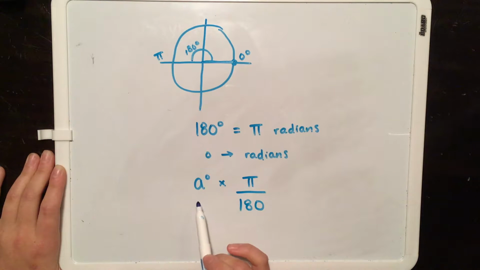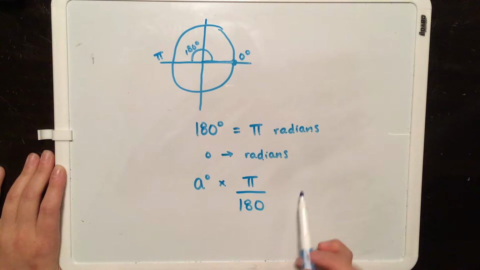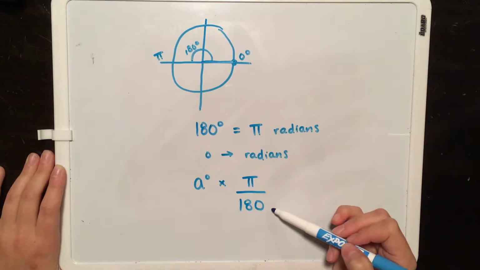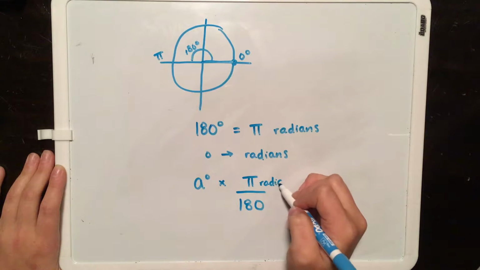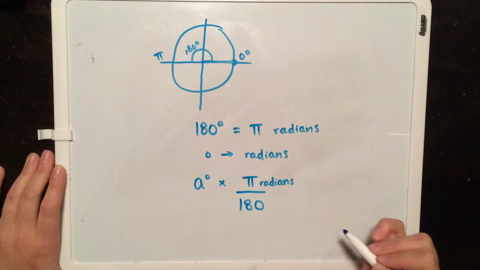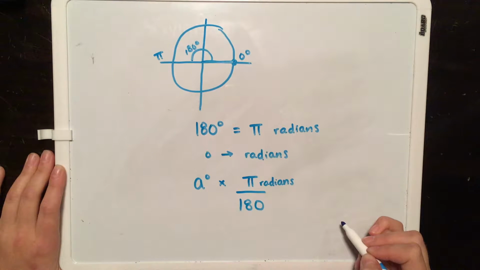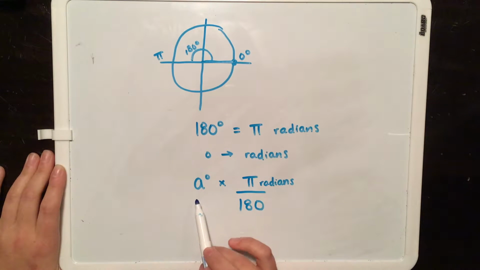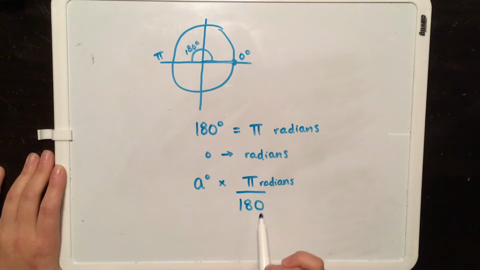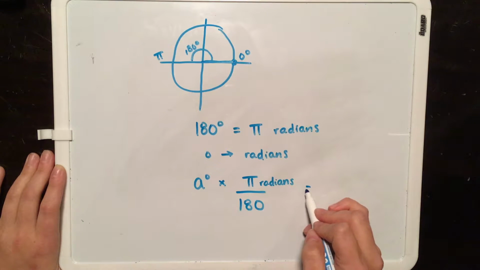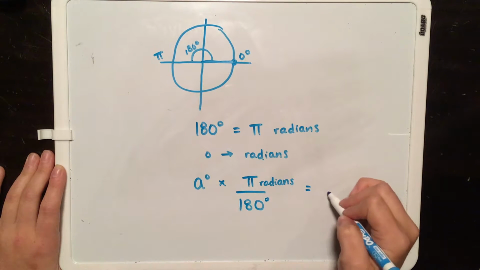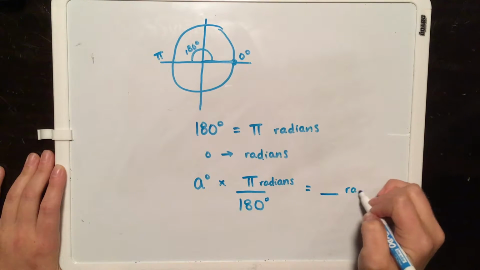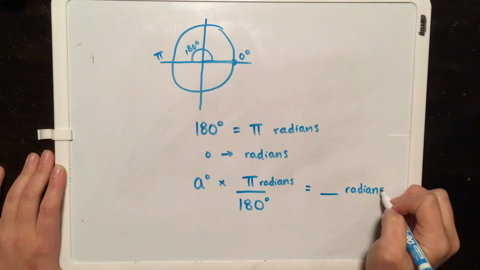When converting from degrees to radians, you're going to multiply by this proportion because there are pi radians in 180 degrees. So if you multiply whatever degrees you have by pi over 180, since degrees are on the top and bottom, those units will cancel and your answer will be in radians.